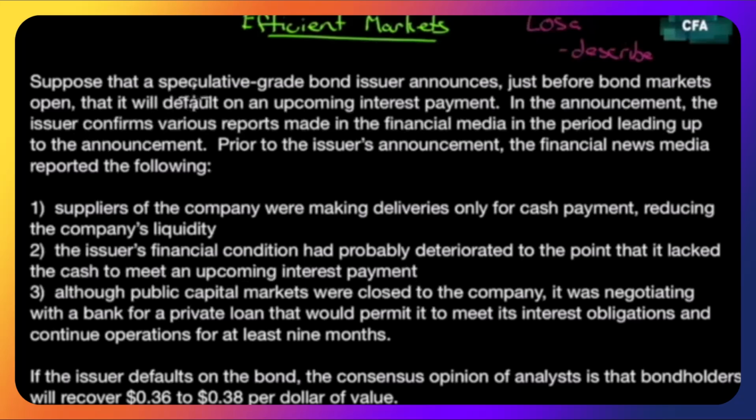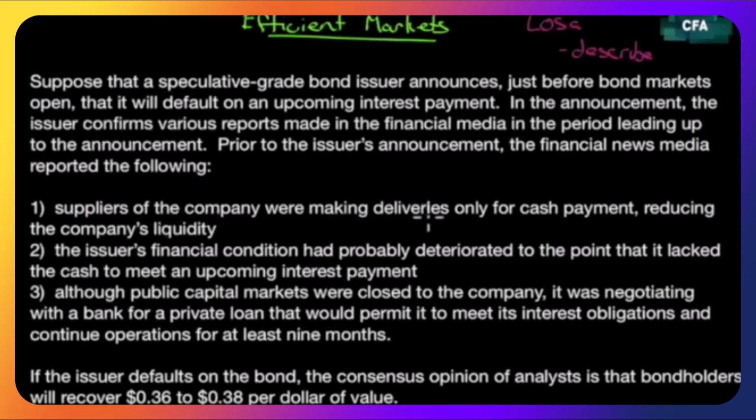Suppose that a speculative grade bond issuer announces just before bond markets open that it will default on an upcoming interest payment. In the announcement, the issuer confirms various reports made in the financial media in the period leading up to the announcement. So the announcement appears to be confirming what the market already knew. Prior to the issuer's announcement, the financial news media reported the following.